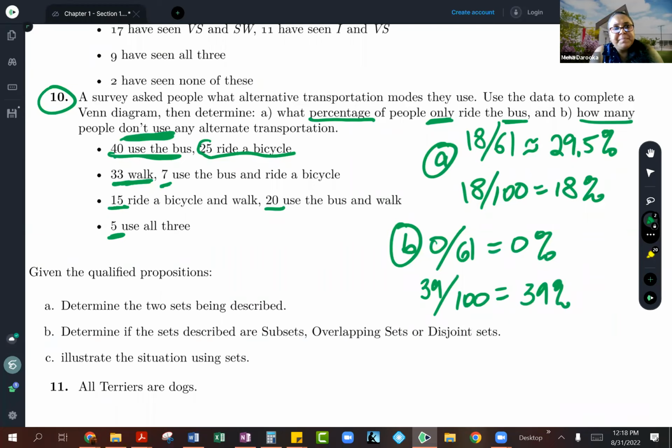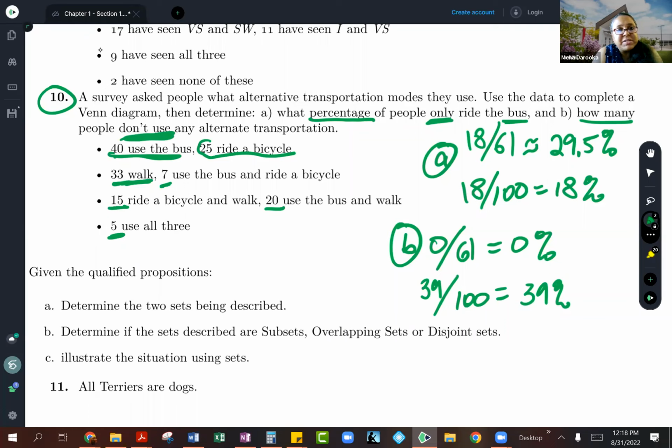So this one I will definitely make a note about sending something out to the publishers, because I don't like that ambiguity of the problem. Because what if they had surveyed 200 people? Then that would be 139 who were not using transportation, right?